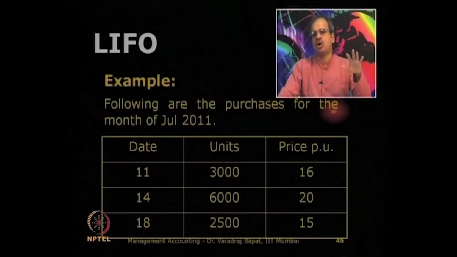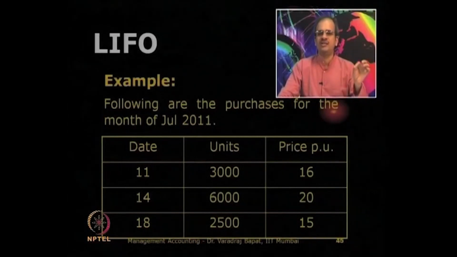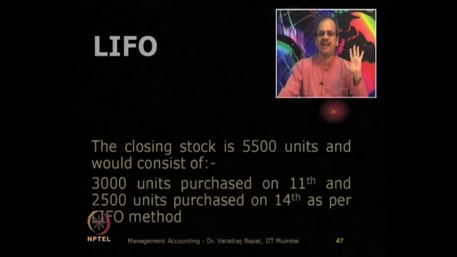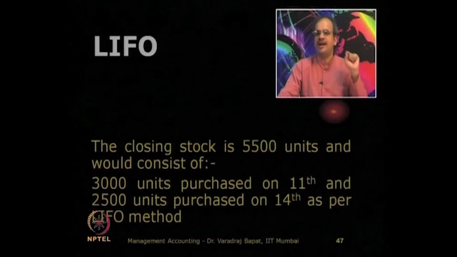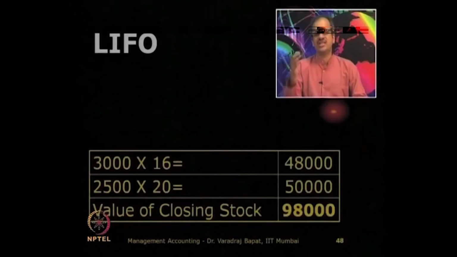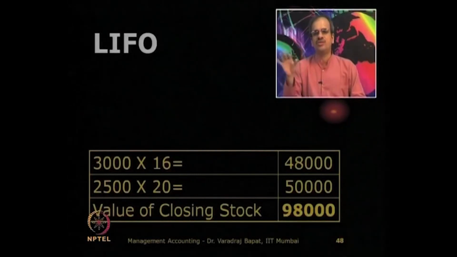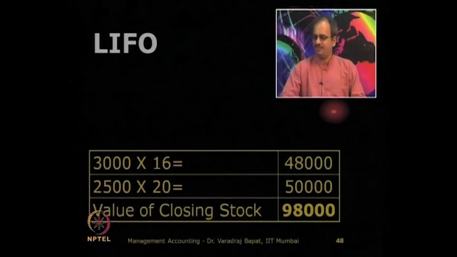So, the entire stock of 11th is still in hand and part of the stock of 14th, that is 2,500 units, is in hand. So, 3,000 units purchased on 11th and 2,500 units purchased on 14th as per the LIFO method. So, this is the valuation, 3,000 at 16 and 2,500 at 20. The value of closing stock comes to 98,000.